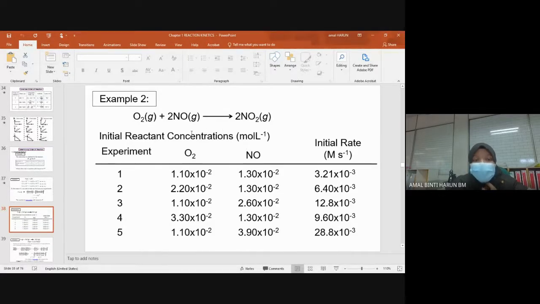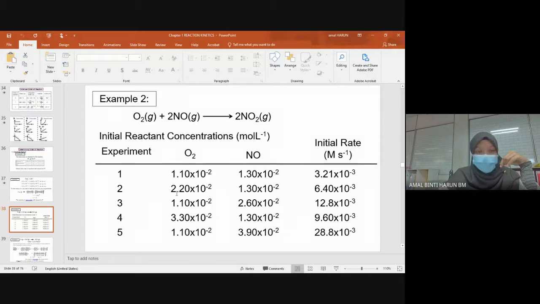Tapi dia ubah concentration oksigen dan dia ubah concentration NO. Kemudian setiap kali dia ubah untuk setiap eksperimen itu, dia akan record dia punya initial rate tu. So, untuk eksperimen 1, oksigen dia 1.1, concentration NO dia adalah 1.3. So, dia record initial rate.